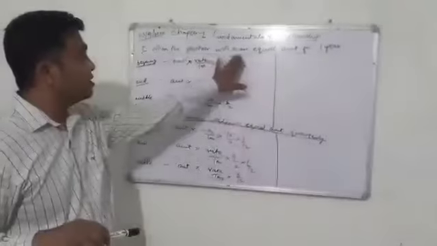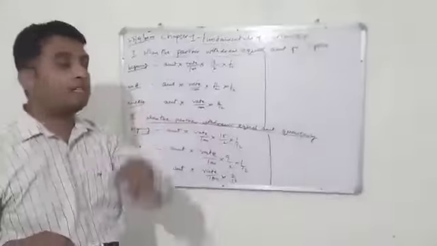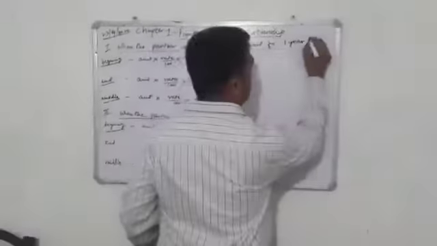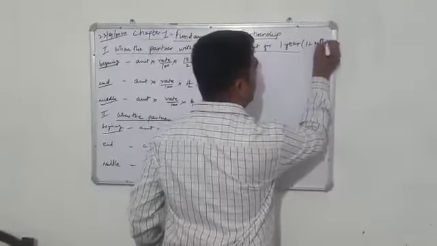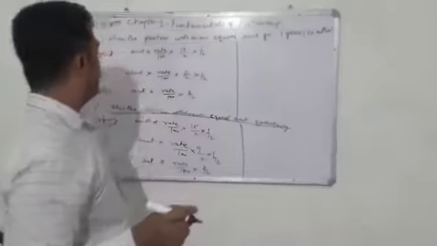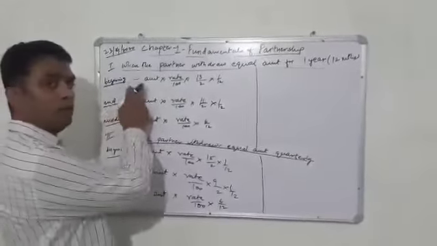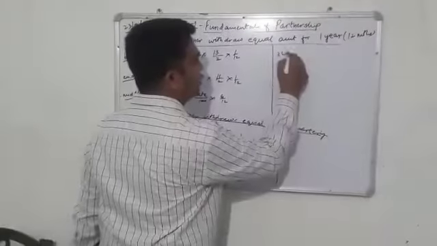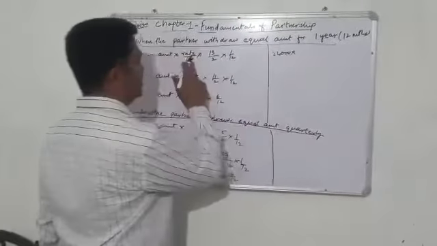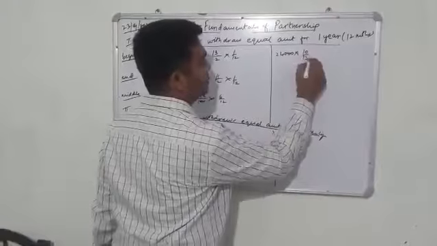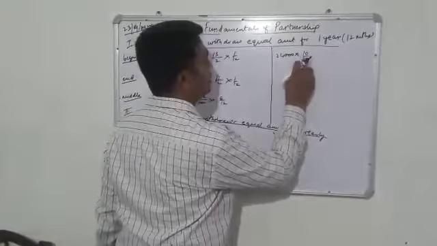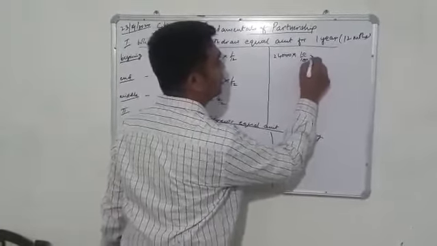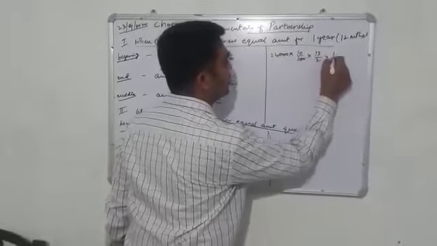When the partner withdraws an equal amount for 1 year, that means 12 months. So for the full 12 months, suppose I am talking about the beginning, one partner withdraws 2,000 every month. For 12 months, how much will he withdraw? That is 24,000, and the rate, suppose we take 10%, 10 upon 100, and 13 by 2 into 1 by 12.